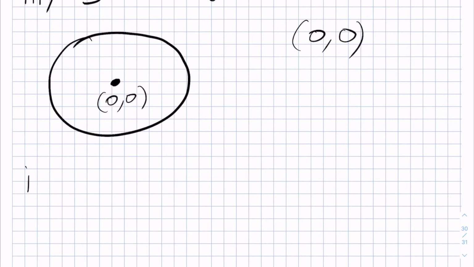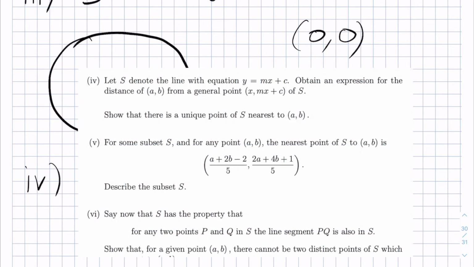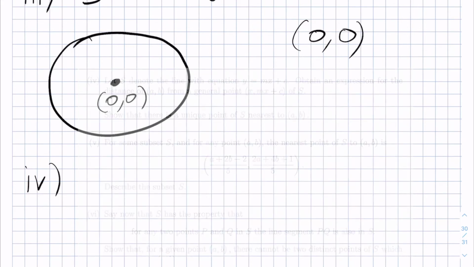Next, part 4 of the question says, let S denote the line with equation y equals mx plus c. Obtain an expression for the distance of AB from a general point x, mx plus c of S. Show that there is a unique point of S nearest to AB.